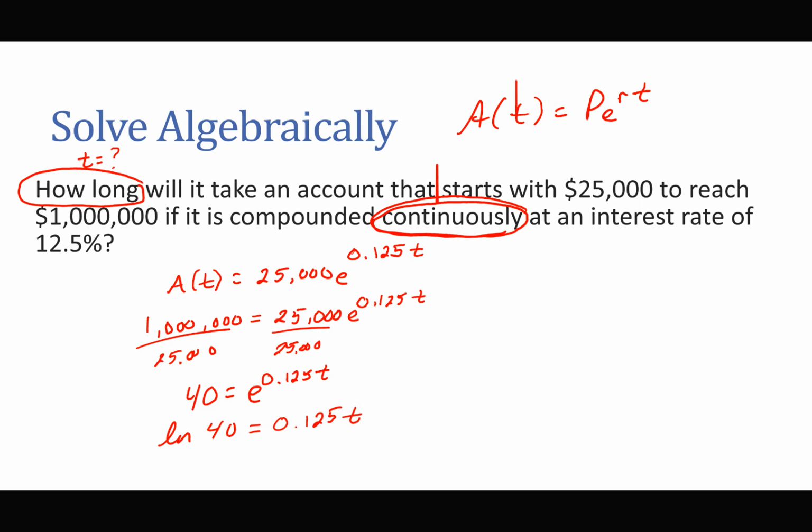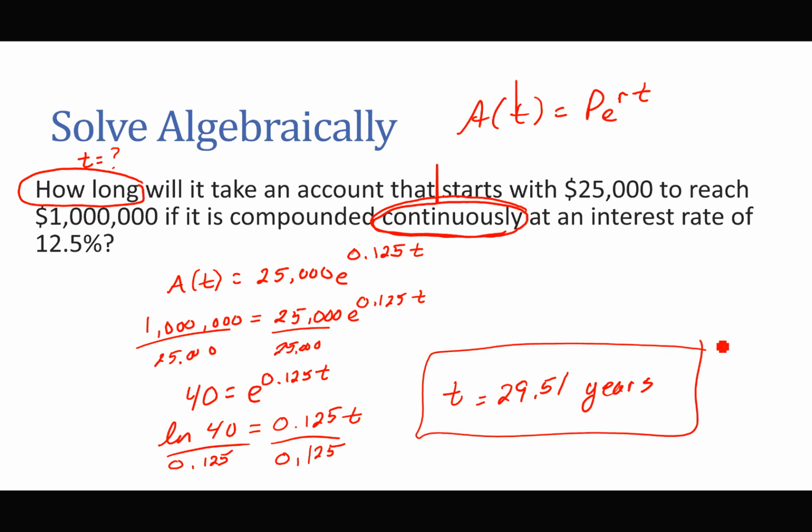So it's no longer in the exponent. Divide each side by 0.125. T ends up being 29.51. And t we know is in years.